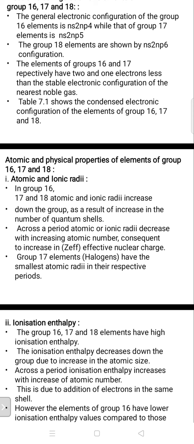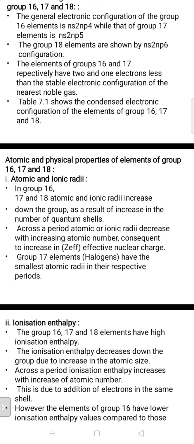After that, start the study of the topics I discussed today about groups 16, 17, and 18. The table, as per the electronic configuration and condensed configuration, everybody has to practice. And it is better that for every element of groups 16, 17, and 18, first of all, you write the plain configuration.